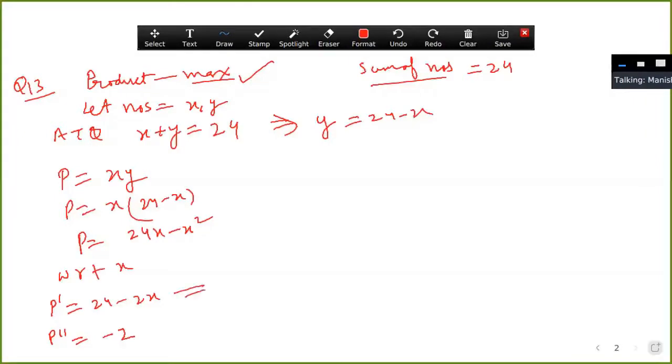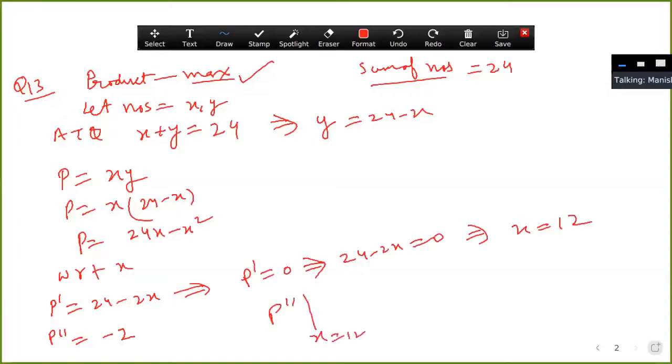When you put P dash equal to 0, you will get the critical value. 24 minus 2x equal to 0. What will you get? x is equal to 12. If x is equal to 12, you have to find P double dash at x equal to 12. But the value of P double dash is minus 2.